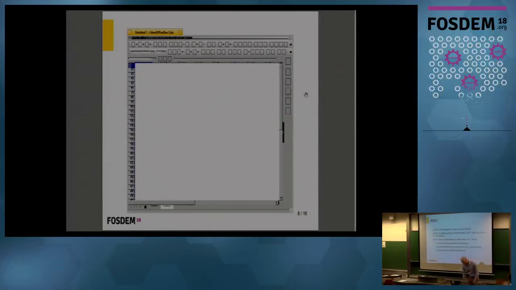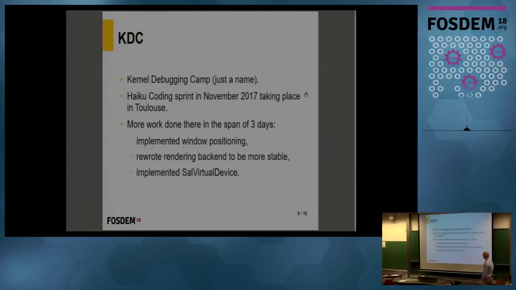Later that year, we had the kernel debugging camp. It was a Haiku coding sprint in November 2017. It was really great because we could work on any Haiku-related project all the time. So a lot of work was done there in just 3 days. I implemented window positioning so that the Haiku layer would respect where the window should be positioned.